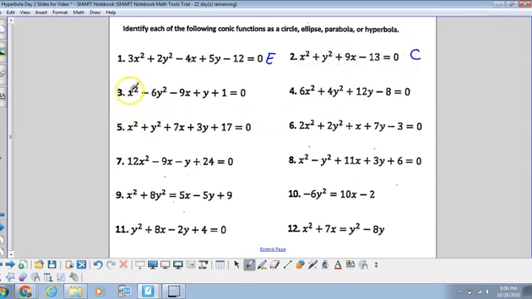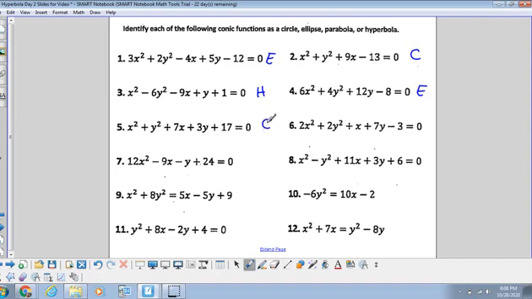Number 3, we do have an x squared and a y squared term, but they have different signs. This is a hyperbola. Number 4, we have x squared and y squared terms. They have the same sign, but different coefficients. That one's an ellipse.